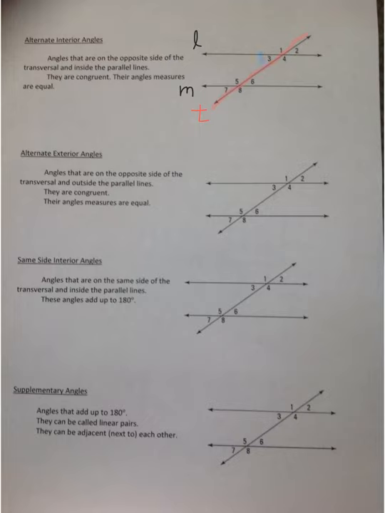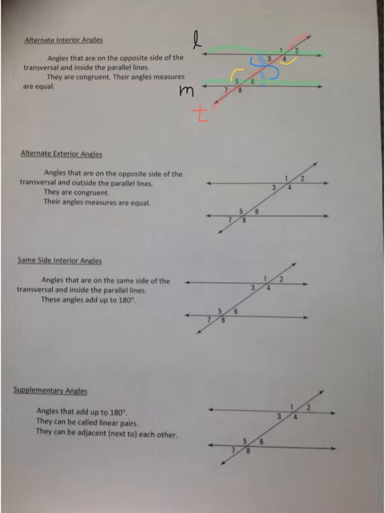So angles 3 and 6 are alternate interior angles because they are on opposite sides of the transversal and they are on the inside of those parallel lines. They are congruent and their angle measures are equal. Another pair of alternate interior angles would be angle 4 and angle 5.